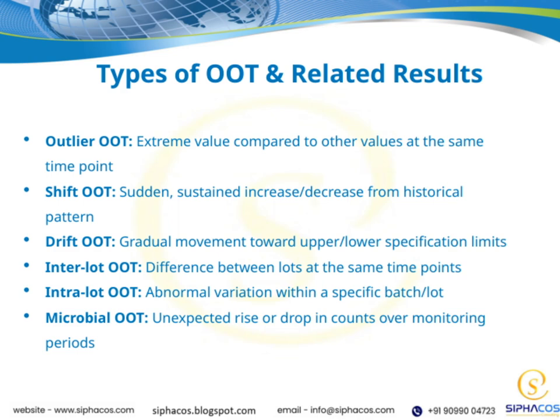Intralot OOT refers to abnormal variation within a specific batch or lot, indicating inconsistency in production. Lastly, microbial OOT is about unexpected rises or drops in microbial counts during monitoring periods, which can impact product safety and quality. Understanding these various OOT types helps us interpret results accurately and ensures we maintain control over our processes.